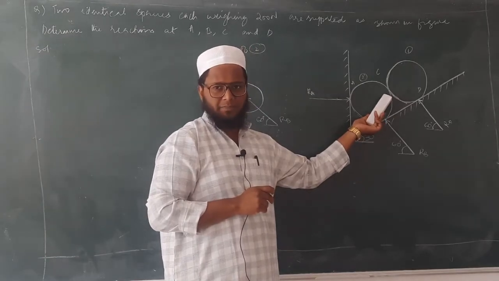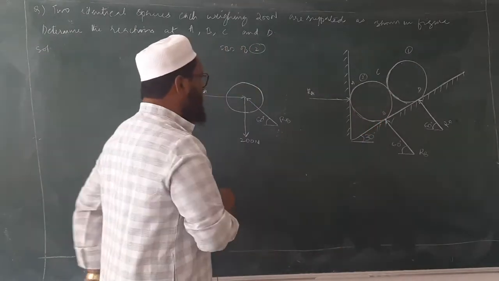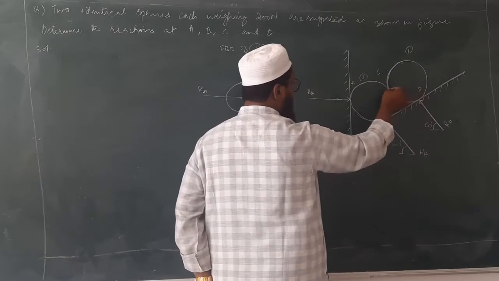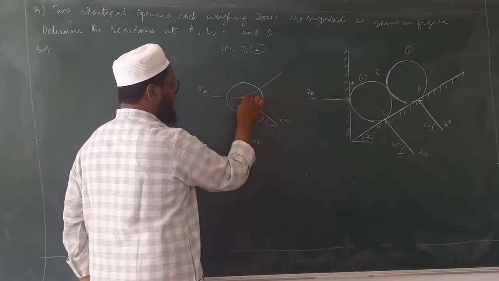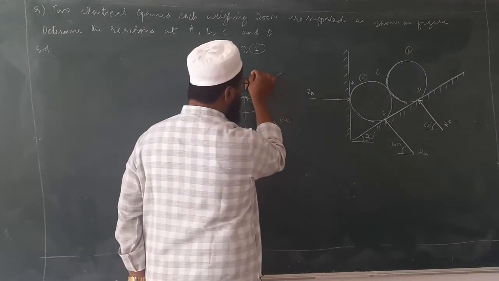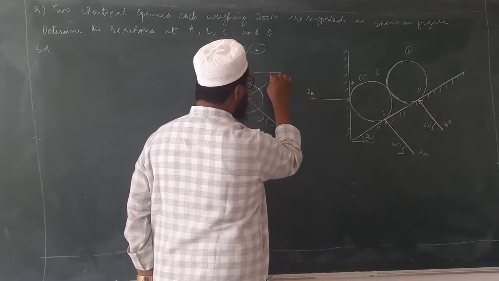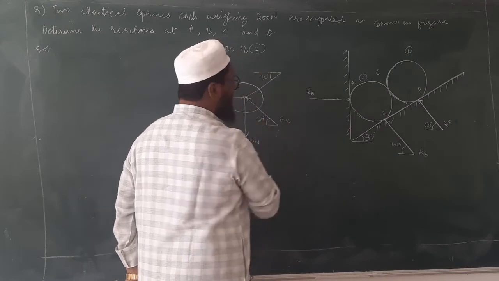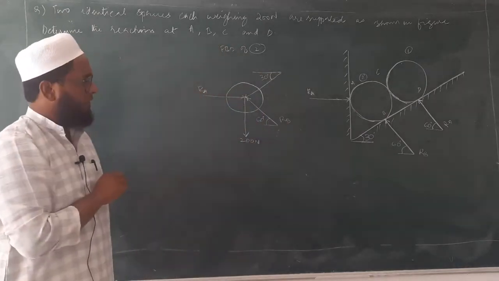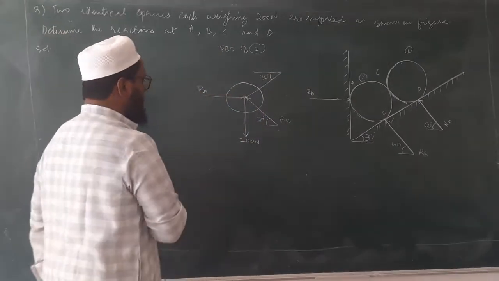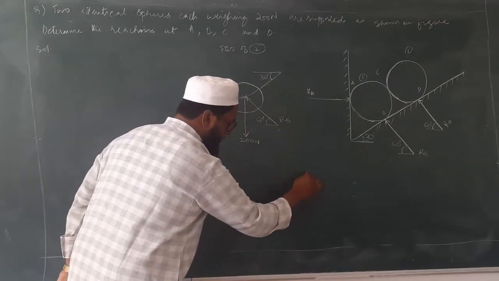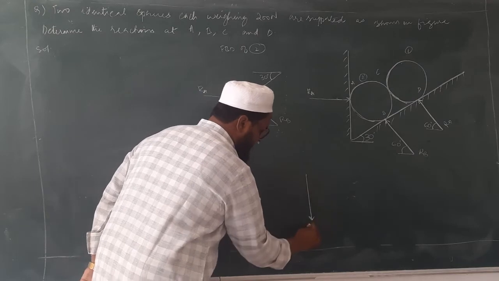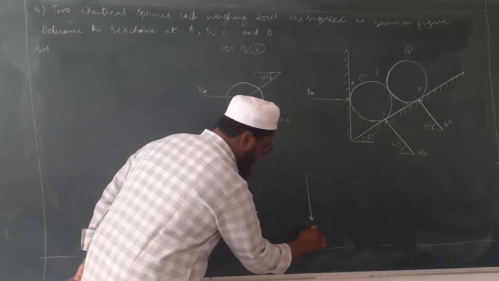Able to understand? Yes. So what is the reaction coming from this point now? RC. So this is RC, and the inclination of RC is how much? 30 degrees with the x-axis, isn't it? Yes. So again I will draw the forces separately. That is, this is 200 Newtons.